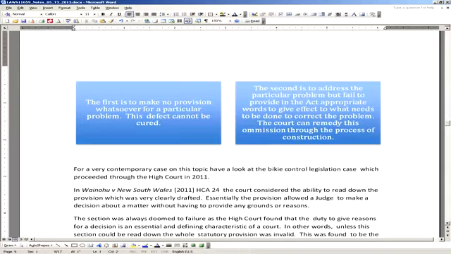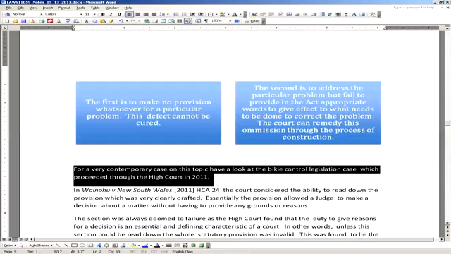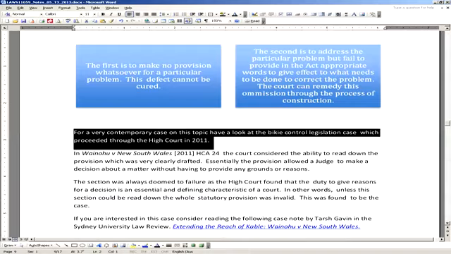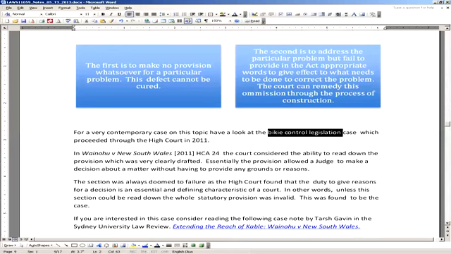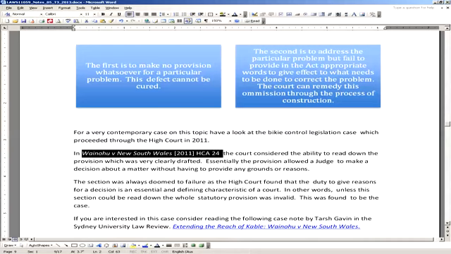And they refer to the case which went to the High Court in 2011 as the bikie control legislation. That's Wainohu, which is 2011 High Court of Australia 24.